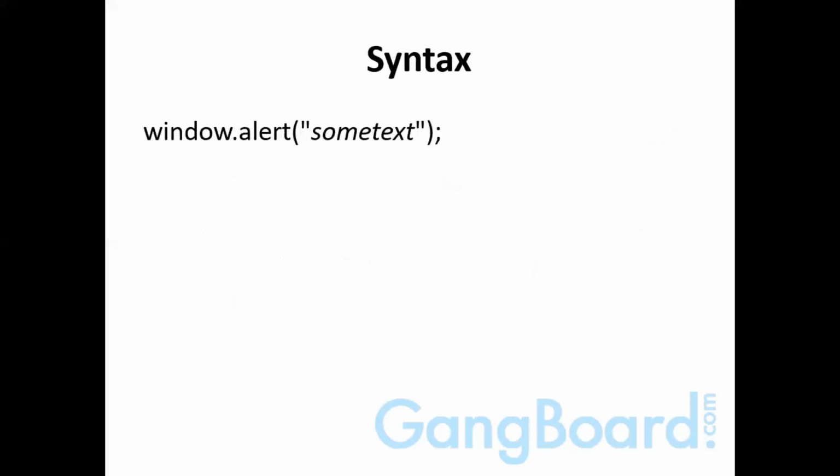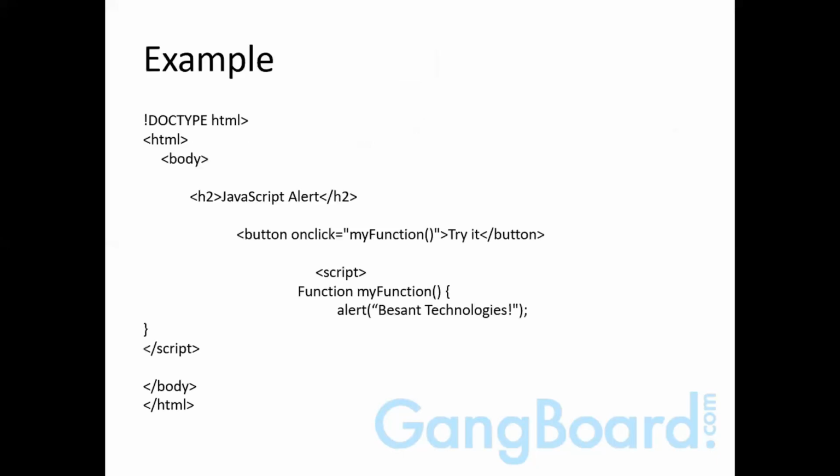First we'll look at window.alert with some text. This is the normal syntax to display the text that we enter inside the double quotes, and it will be displayed on the browser. Here you can see I have a function called myFunction.